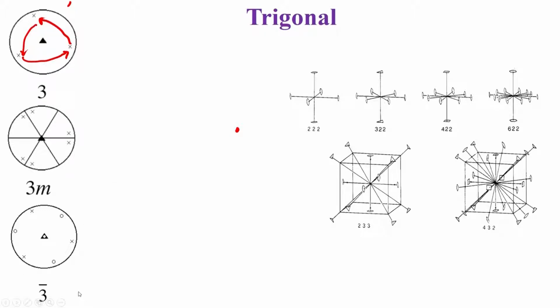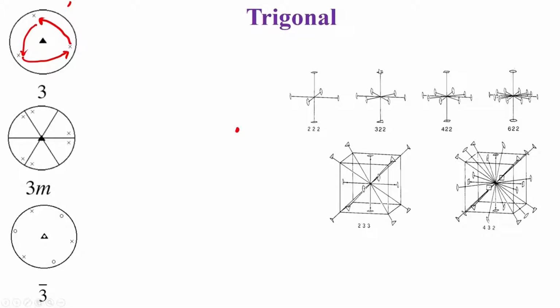The next symmetry is the operation where we have a three-fold symmetry followed by an inversion. So, there is an inversion which is associated with the three-fold symmetry, and both of them are along the same axis. That means, this is the axis which is 3 now, it becomes 3 bar. It carries the inversion operation along with it, and therefore, it again generates 6 equivalent positions in the projection diagram, in the stereographic projection.